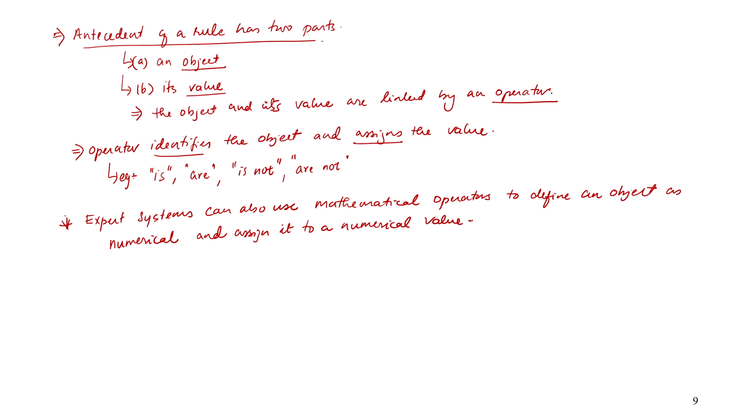So, you can use mathematical operators also. It does not have to be the operators I said earlier, which you can also call linguistic operators. But you can have mathematical operators also.